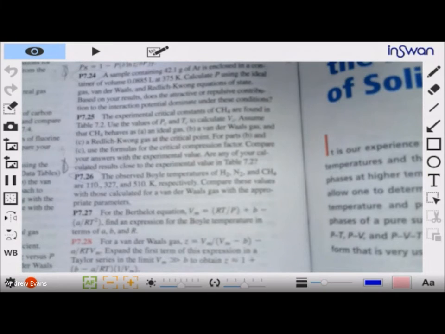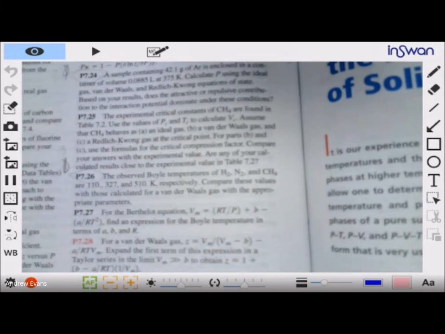Number 26. The observed boil temperatures of hydrogen, nitrogen, and methane are 110, 327, and 510 Kelvin, respectively. Compare these values with those calculated for a van der Waals gas with the appropriate parameters.